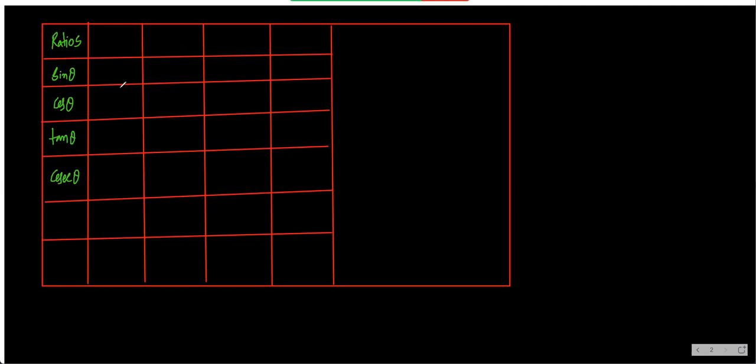Then after this one: sin, cos, tan, cosecant, secant, cot. So the values are for 0 degree, for 30 degree, for 45 degree, for 60 degree, and we require one more, it is for 90 degree.